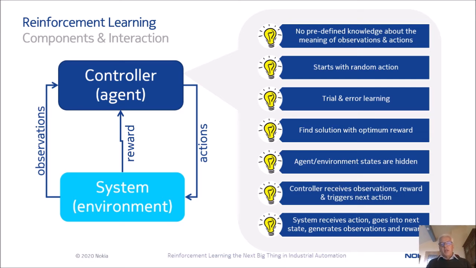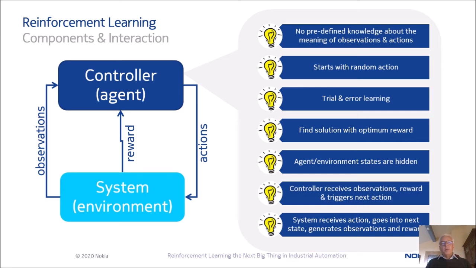The controller takes this information and derives an action out of it. The controller then triggers an action in the system, and this causes the next round in the same way as before.